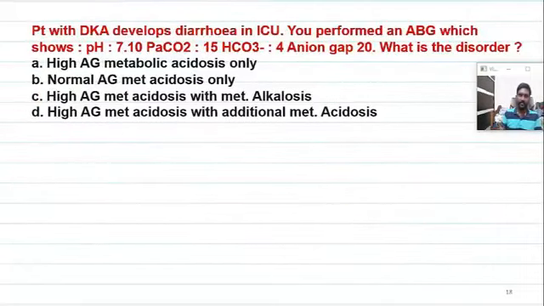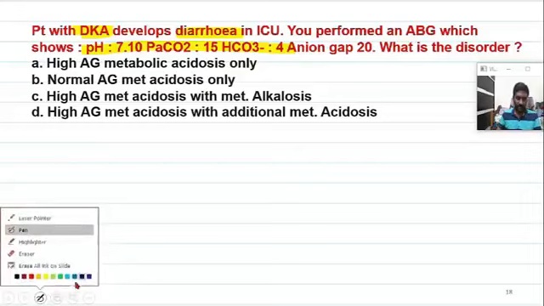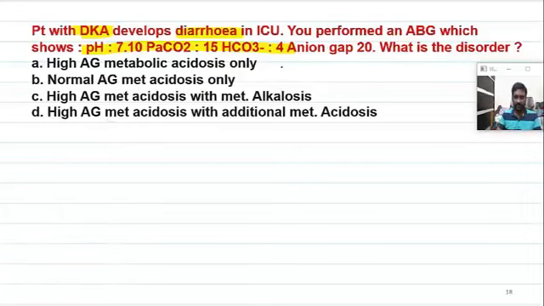Let us see another question. Patient with DKA develops diarrhea in ICU. You performed ABG. These were the parameters. What is the disorder? Whenever they give you any question of ABG, first is history-based approach. So in the given question, patient is having DKA. DKA will cause high anion gap metabolic acidosis.